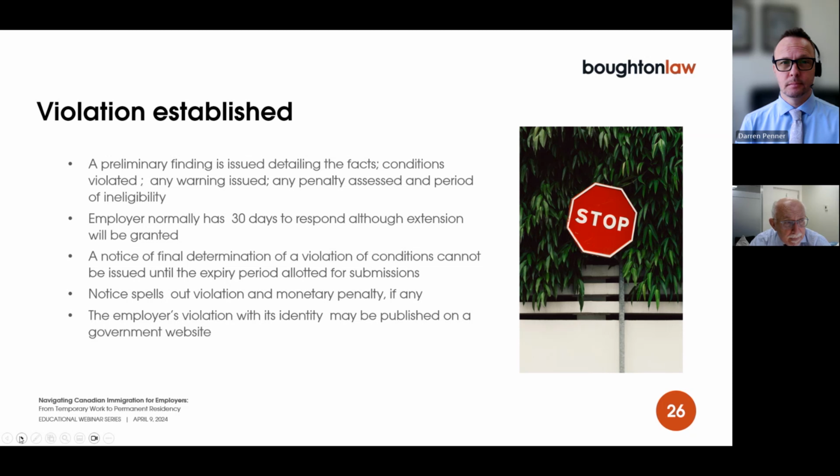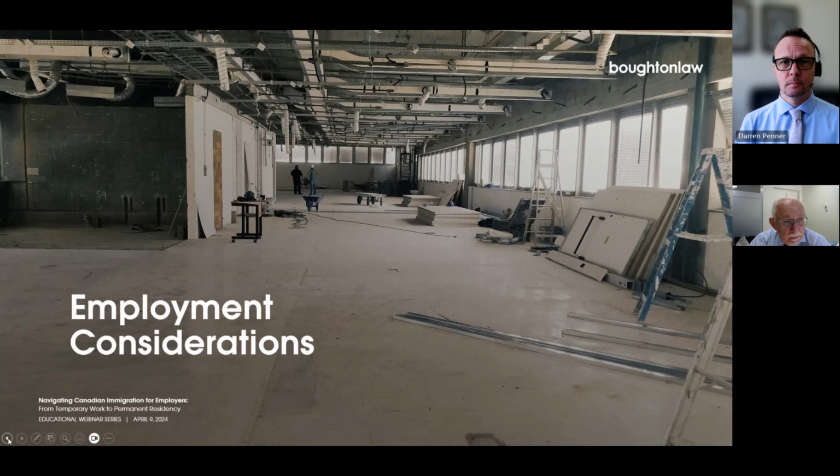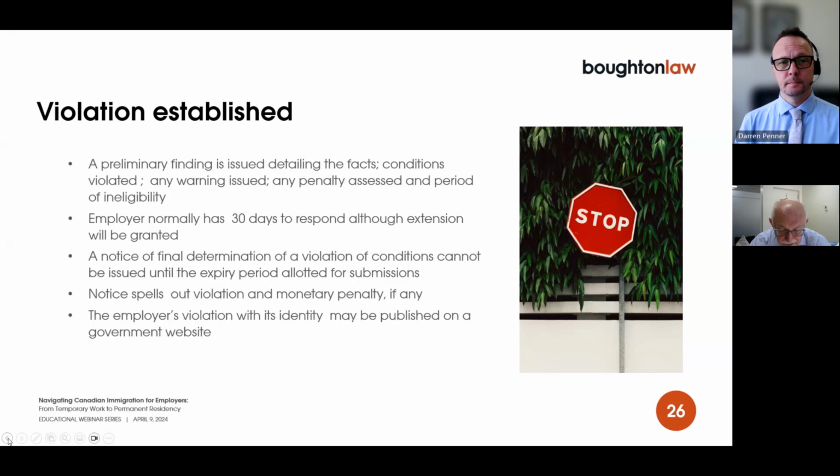And finally, the violation may result in suspension or revocation of a previously issued LMIA, which will basically void the ability of any other foreign workers that you have to continue working if they came in under that same LMIA process.